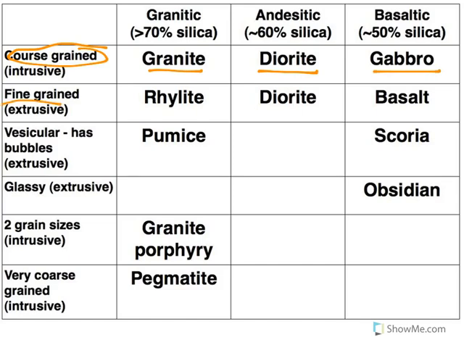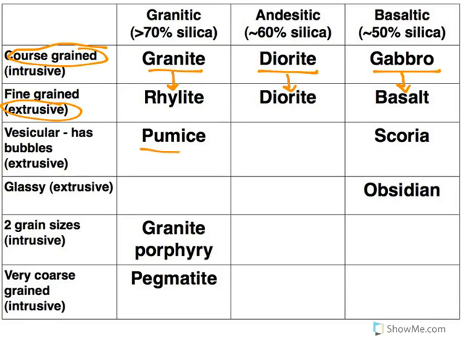And then you can have extrusive equivalents, where they are fine-grained. So granite, if it forms above ground, is going to be rhyolite. Diorite tends to go by the same name either way. Gabbro, if it forms on the surface, is basalt.